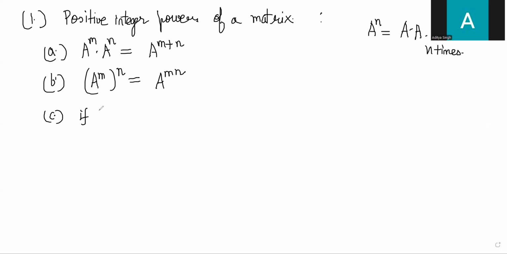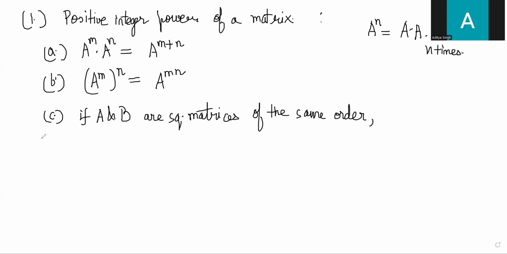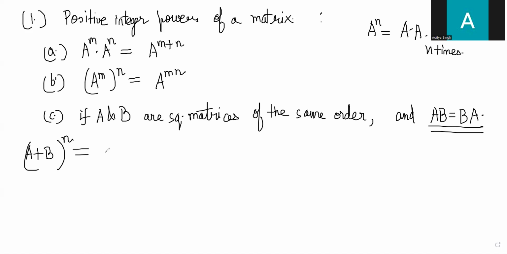Also, you should know that if A and B are square matrices of the same order, it doesn't require them to be order n, and AB is equal to BA, or basically they are commutative, then A plus B power n can be written as the binomial theorem expansion, right? Do you understand what I'm saying?